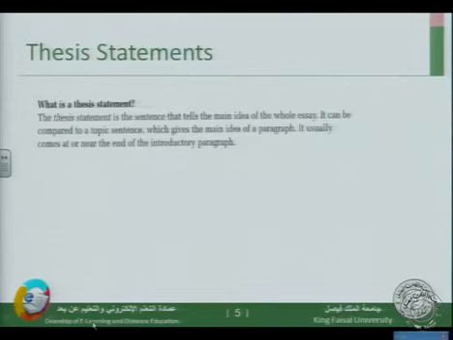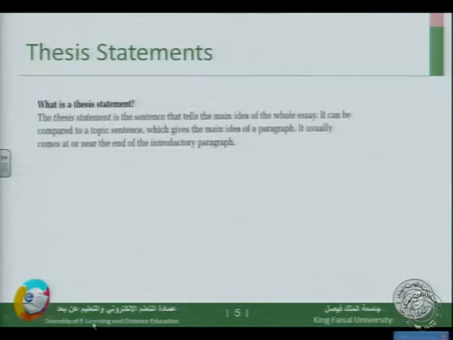And one of our major topics was the thesis statement. We gave many definitions to the phrase thesis statement. And we said, in short, that the thesis statement is the sentence that tells the main idea of the whole story, of the whole essay.